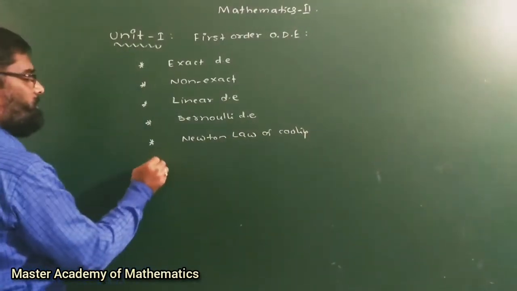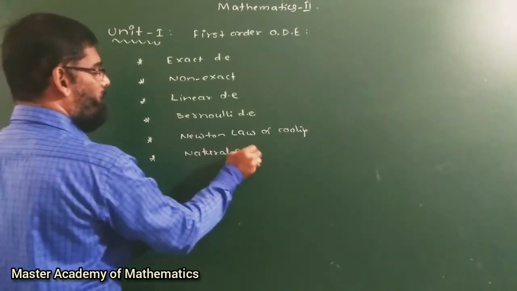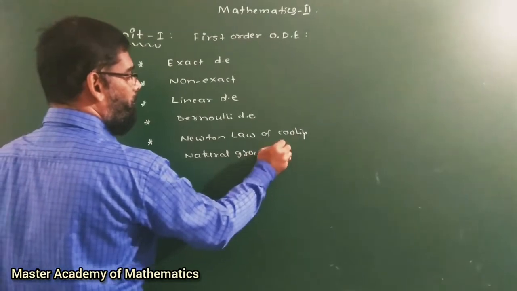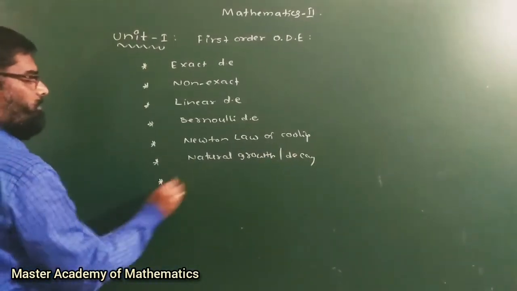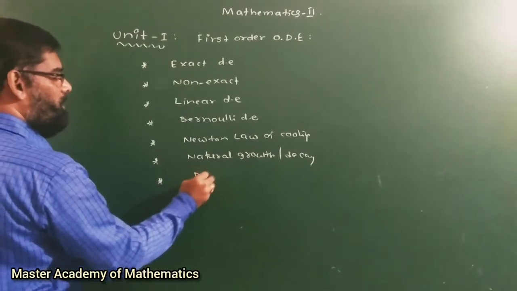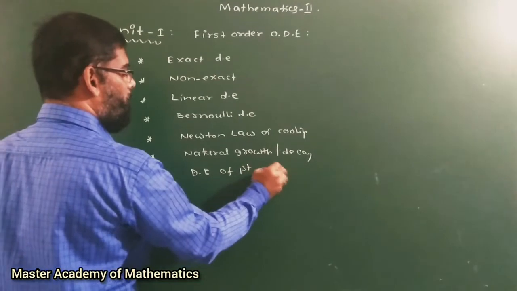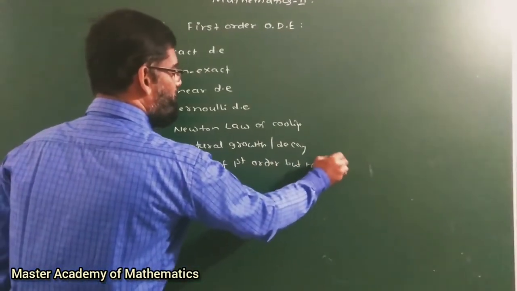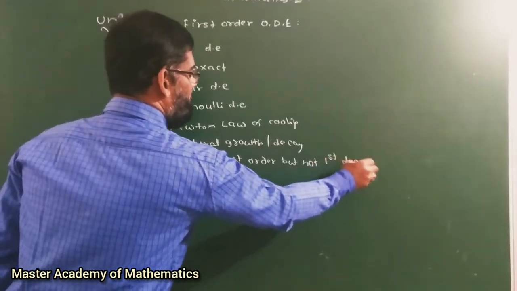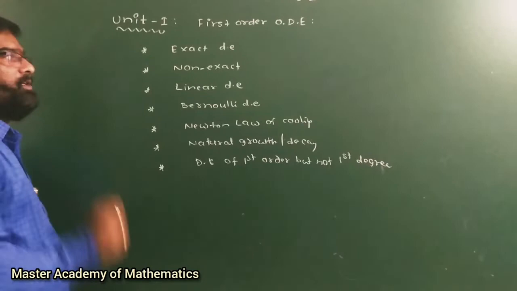The next is natural growth and decay. The next is differential equation of first order but not first degree. These are the different topics which are available in the first unit.